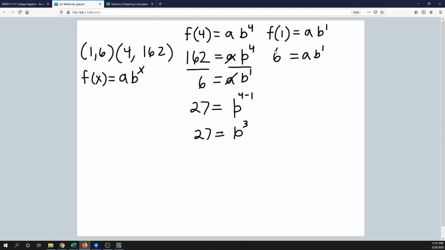And so now we're in a situation like we were before. What we're going to do is take the cube root of both sides this time. We'll get a b over here, and on this side, we will get a 3. Again, 27 is a perfect cube. If you didn't know that, your calculator might have a cube root button.